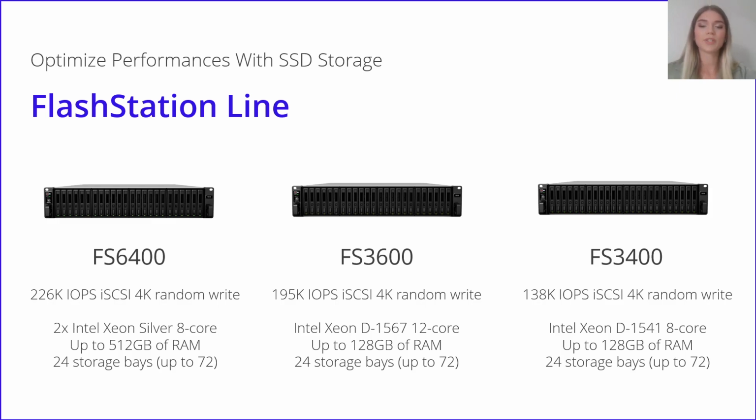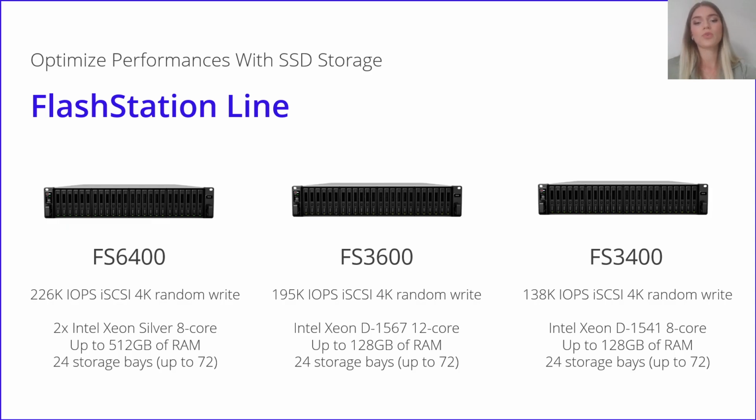It natively has 24 bays that can be expanded up to 72. Then there are also the FS3600 and 3400 that are also adapted to different requirements of companies. You can see their specs on the screen. Therefore, as we can see, we have different solutions from this range that can adapt to different business needs.